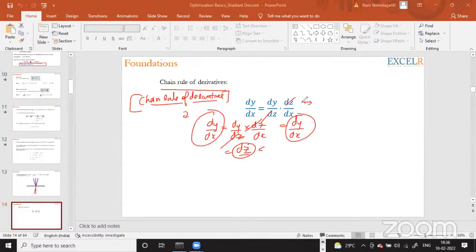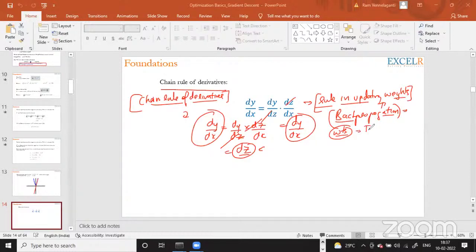So this is an important rule that we are going to use in updating our weights. There is a concept we are going to study called back propagation. And there we are going to use this chain rule of derivatives and update our weights for all our input features.